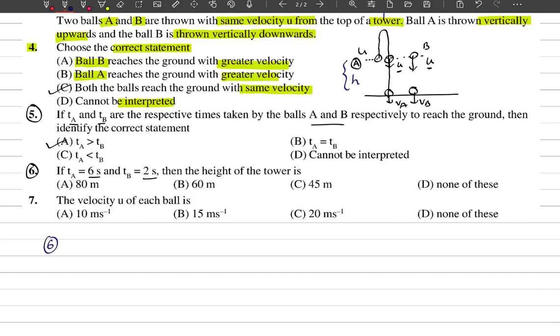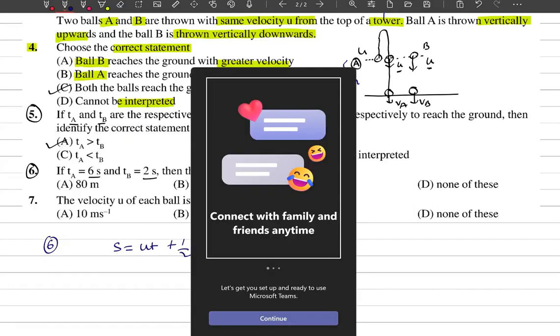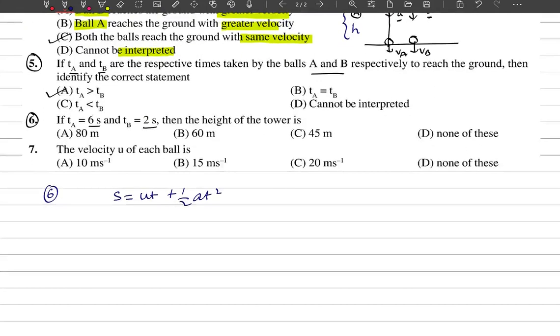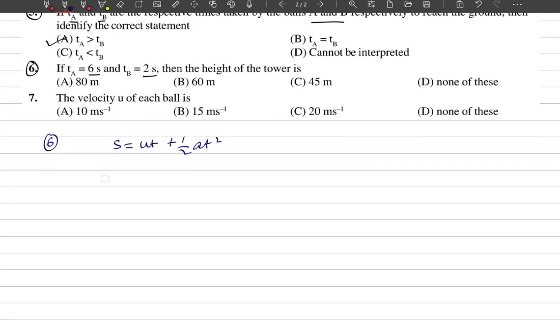So in that formula, if we use minus h for A, minus h equals u into 6 minus half into 10, g के जगह पे 10 into 6 का स्क्वायर.